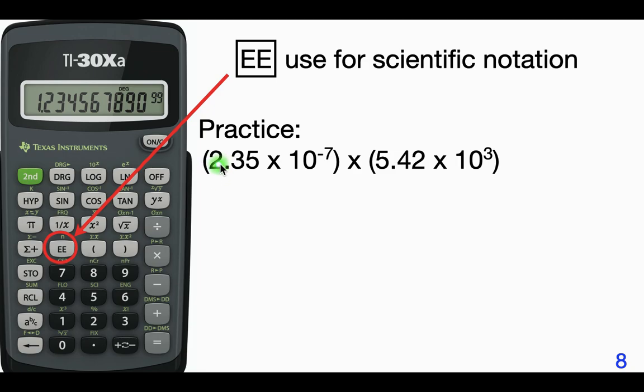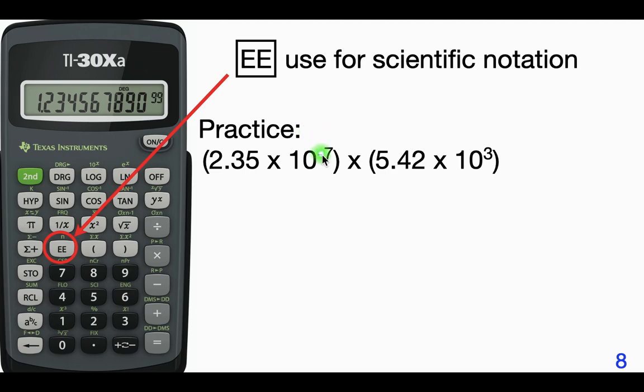So you would type in 2.35. Now stop. As he said over and over again quite adamantly, do not hit times 10. That's what the EE key is for. So you would type in 2.35 EE, and if you look on the display, it'll move over a little bit, and then if you type in a 7, that'll appear as a little superscript.